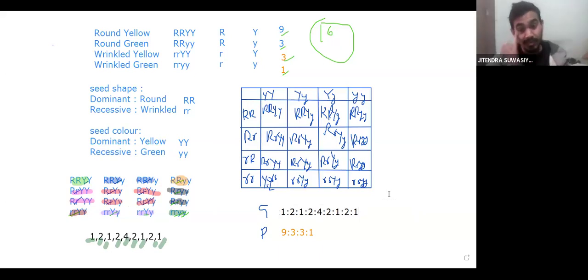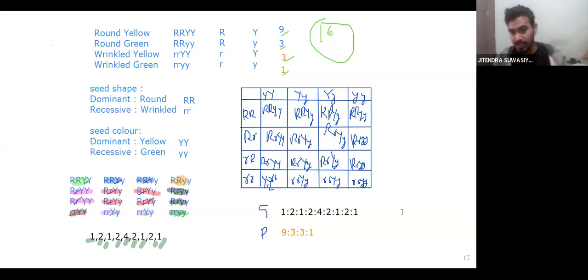See, this is the dihybrid cross. So Mendel first did the monohybrid cross. After that he did the dihybrid cross, in which he found the genotypic ratio is 1 is to 2 is to 1 is to 2 is to 4 is to 2 is to 1 is to 2 is to 1.